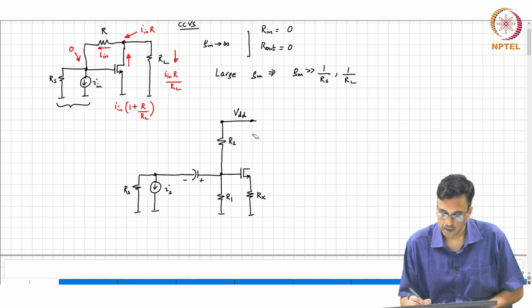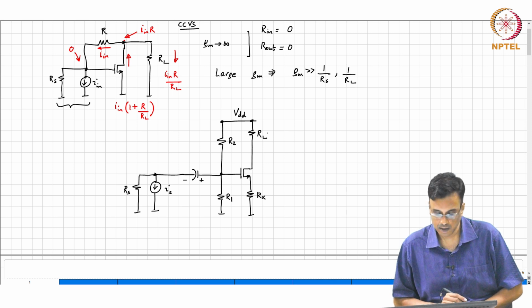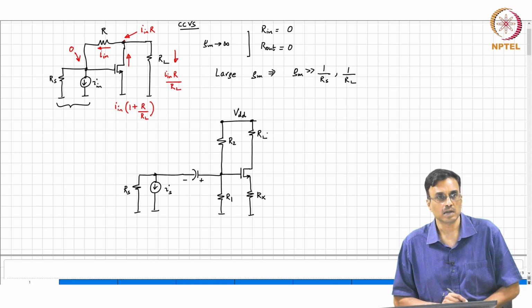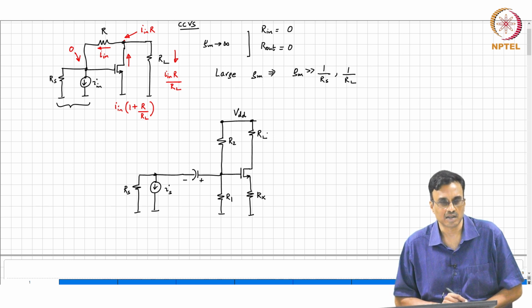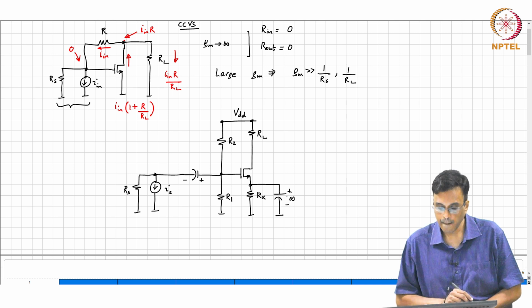So the load, there are multiple ways of doing it. One is to just put it in the drain. All right. What else? The source must be, yes, grounded. So what do we do? Put an infinite capacitor. All right. Are we done?